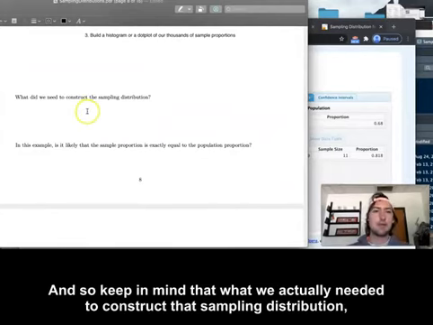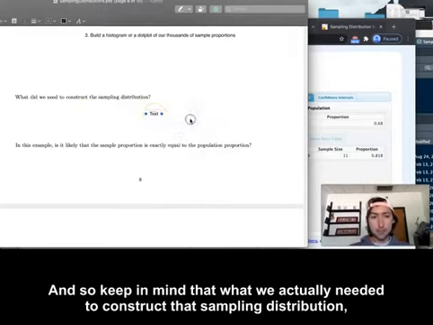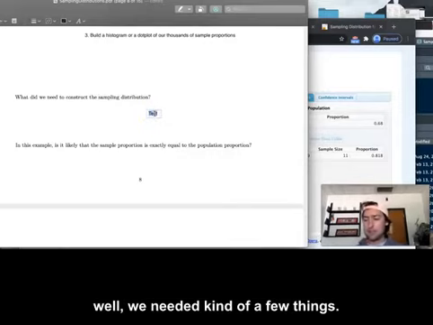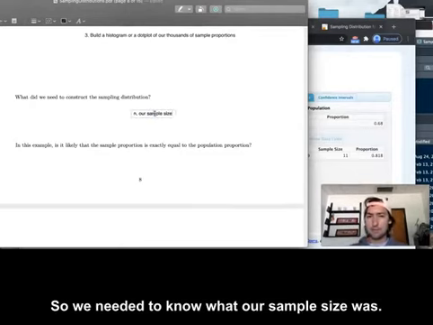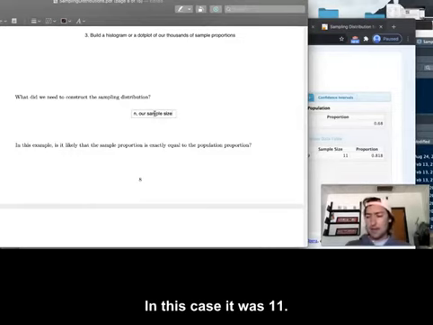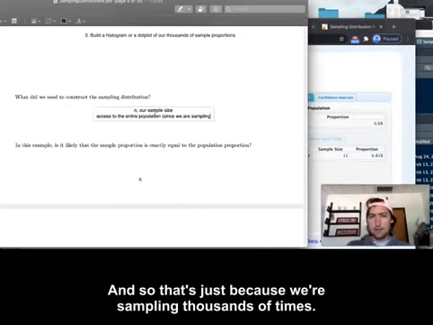Keep in mind that to construct that sampling distribution, we needed a few things. We needed n, our sample size. In this case, it was 11. We needed access to the entire population, just because we're sampling thousands of times.